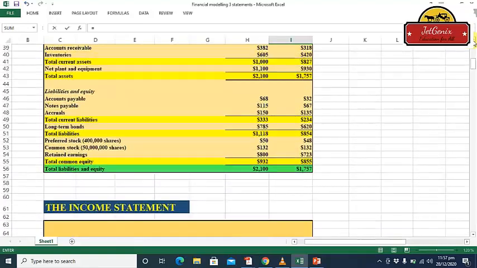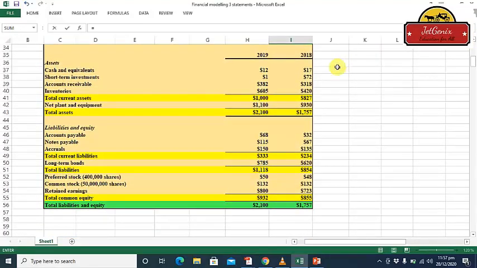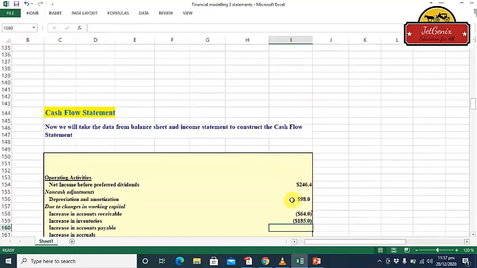This is the balance sheet, and this is the inventories here, but again we type minus, because the increase in inventory means cash outflow. Start parenthesis, select this one, press minus and select this one, so that we can find the increase in inventory, and just press enter. You see, $185 million we have further invested in our inventory.